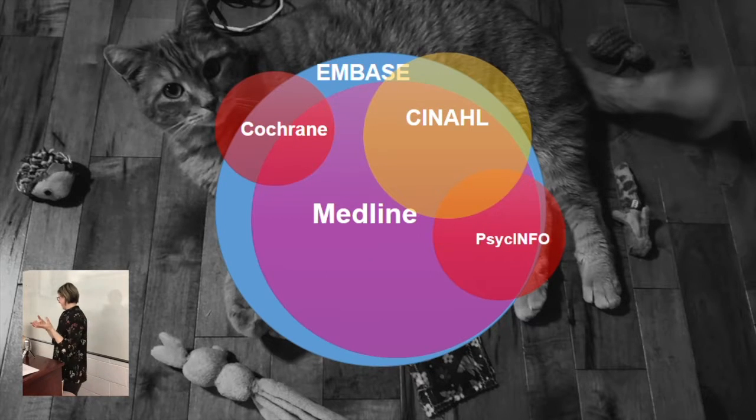Would you agree? Yes. Yes. Where when you're searching Medline in Embase, you're using the Emtree controlled vocabulary, which is not the same as MeSH. So you might be missing very important Medline results if you're only searching it through Embase.